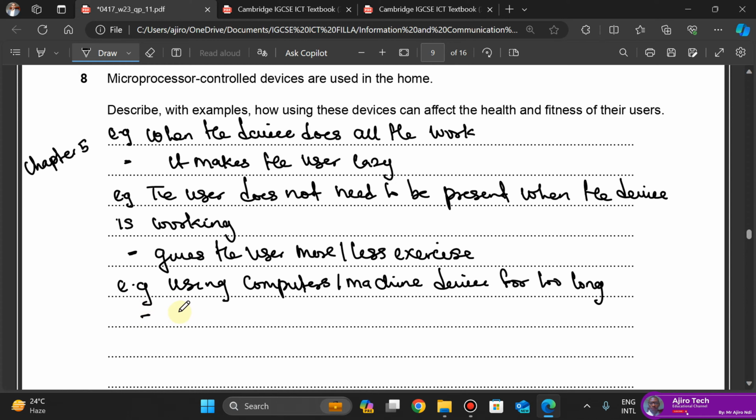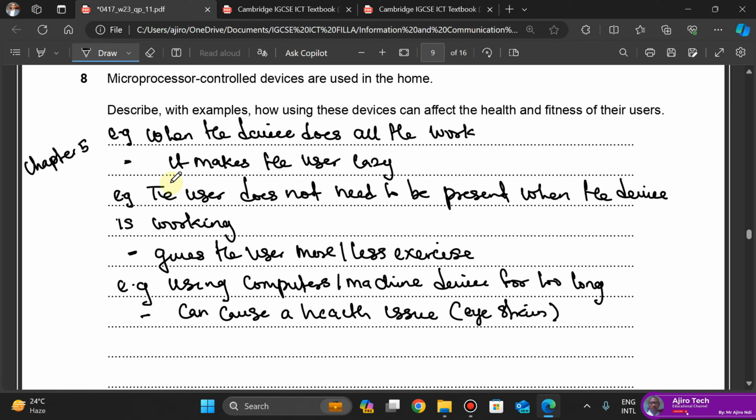It can cause a health issue. And when you're looking at a computer for too long, an example could be eye strain. Yeah, eye strain.